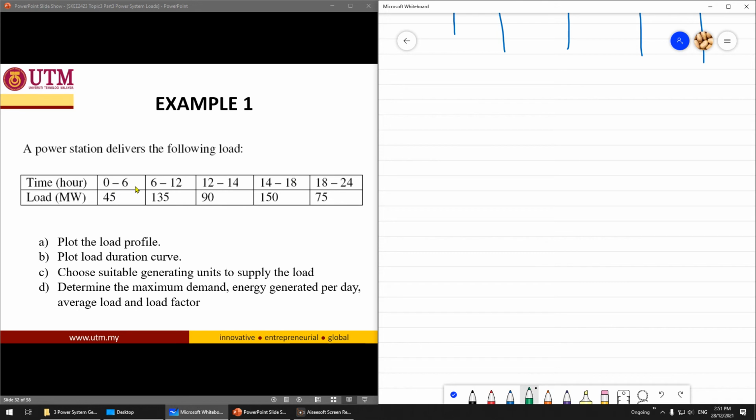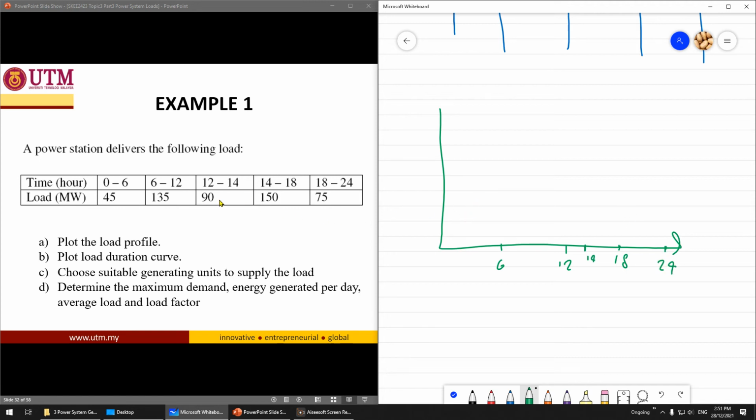You can see the time is 6, 12, 14, 18, and then 24. You have a different interval here.